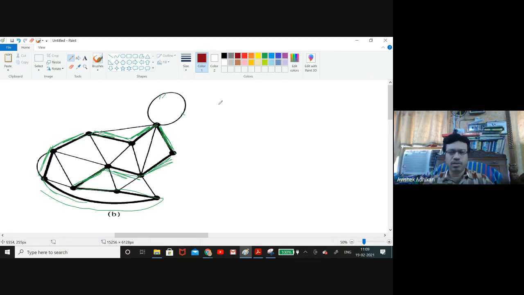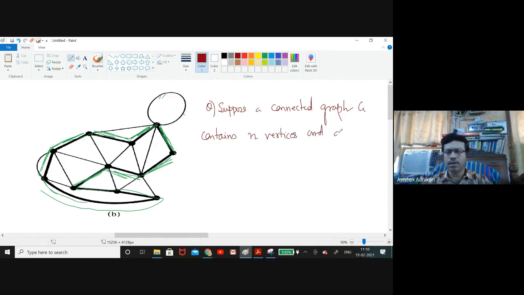So if I ask you a question, suppose a connected graph G contains n vertices and a Hamiltonian circuit, then this circuit contains dash many edges.